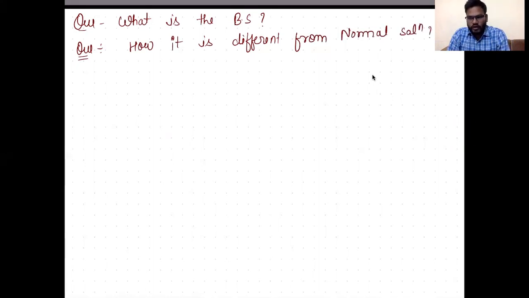Normal solution like water, okay, pure water. See what happens, any buffer solution, actually it resists the change in pH. It resists the change in pH on adding of small amount of acid, base or water, or on diluting it. So basically, let us understand what will happen if we add a small amount of acid or base to a normal solution.